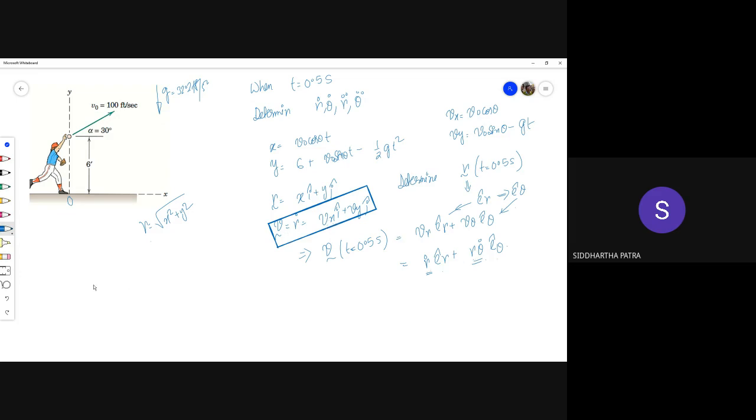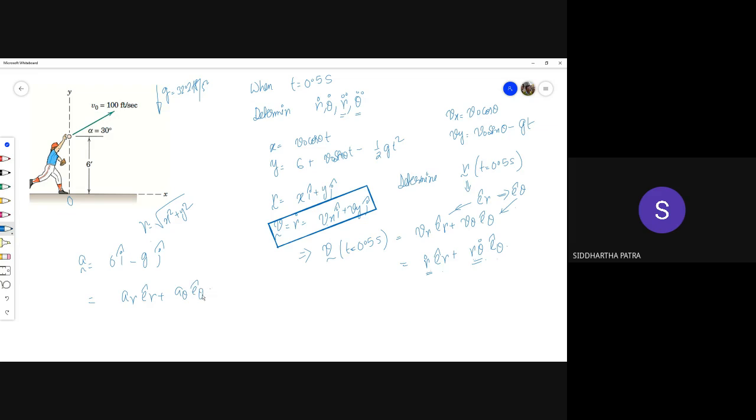Now, for the second order derivatives, you need to get the acceleration, but the acceleration is only this, and sorry, it's not plus g, it's minus g. In that you'll have to substitute ar er plus a theta e theta.